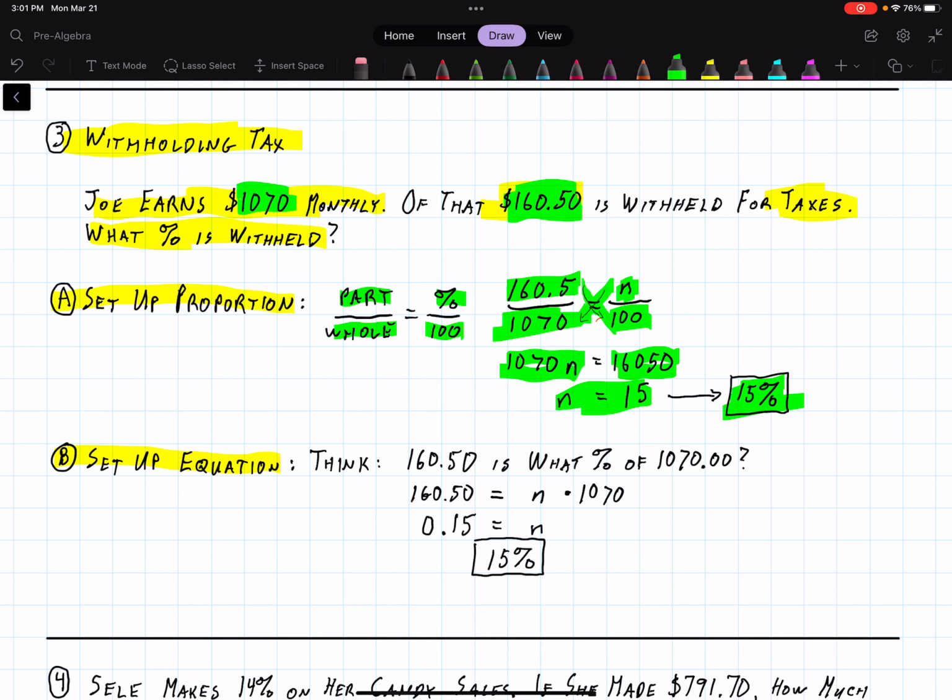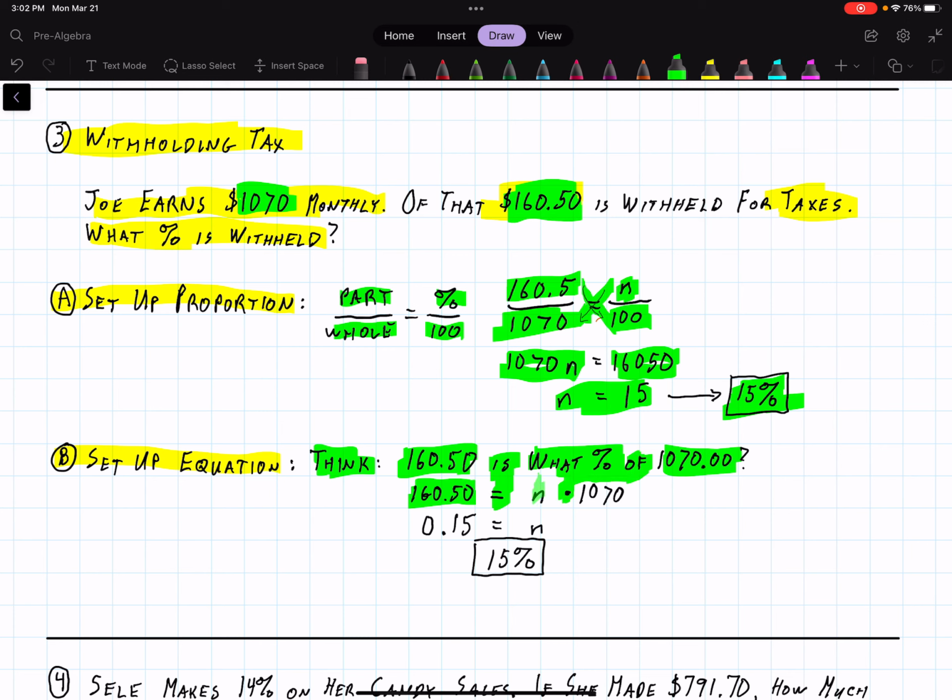Now, if we go down to the equation version of this, this time we're saying to ourselves, 160.5 is what percent of the total. So when we do that, we know that we're going to bring the 160.5 straight down. We know is becomes equal. We know of becomes our times.